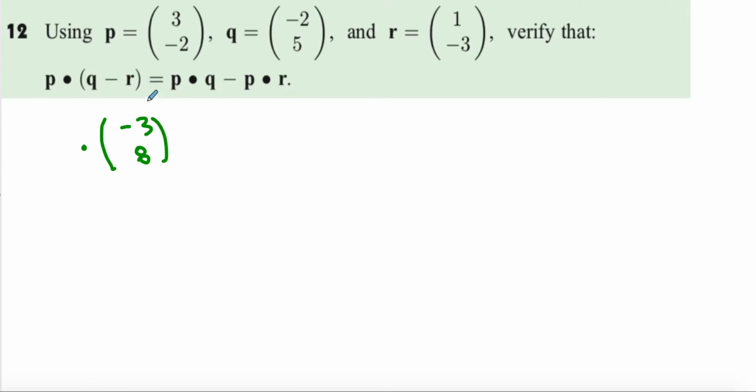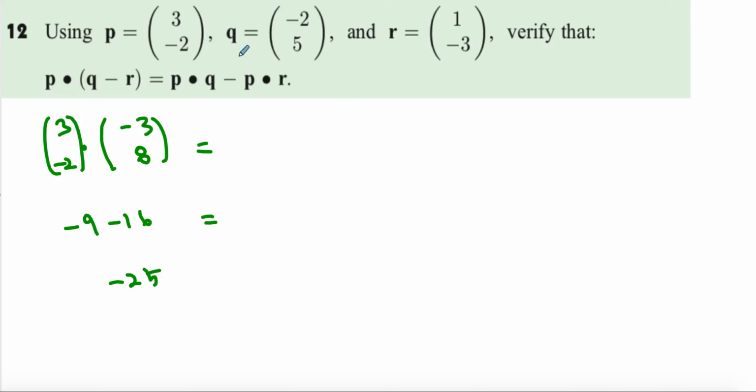And then I'm going to dot that with P, which is 3, -2. So when I do that, my left side becomes 3 times -3, which is -9. -2 times 8 becomes -16. Hence, we get -25 on my left side.